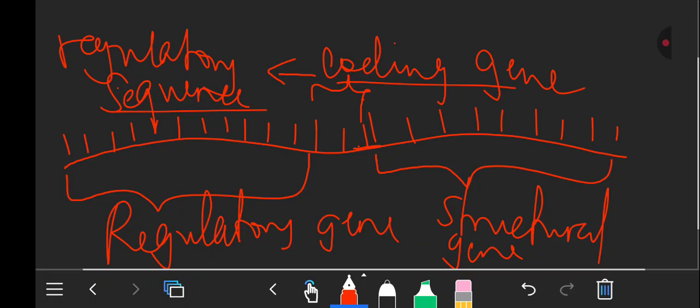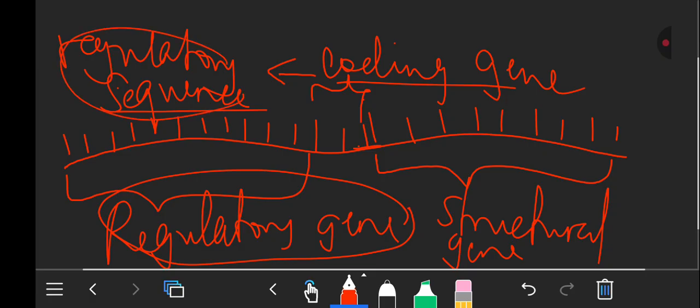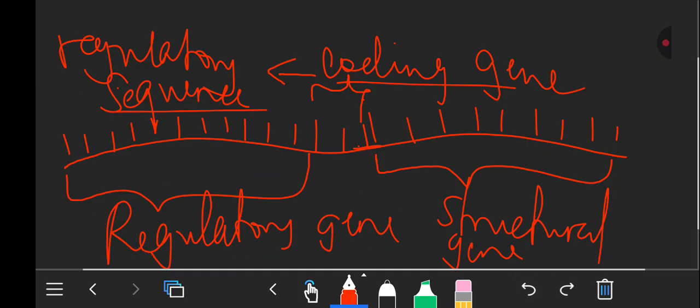One thing I want us to understand is that when you combine the regulatory gene and also the regulatory sequence, it forms what is known as the regulatory DNA. This is how the regulatory DNA is formed.